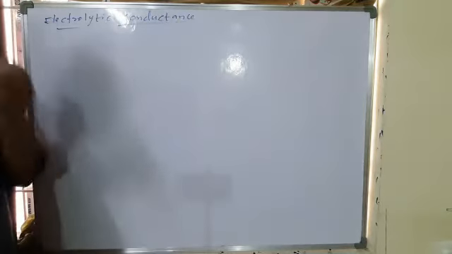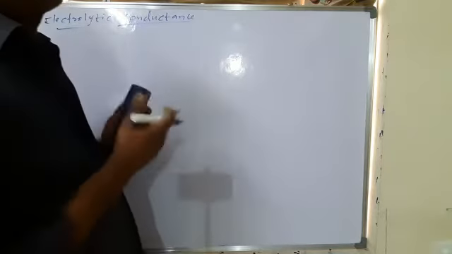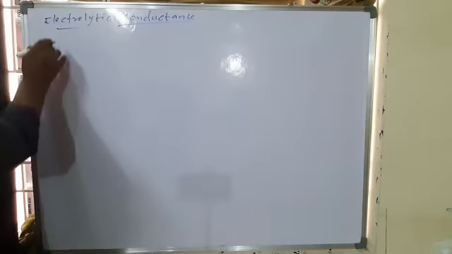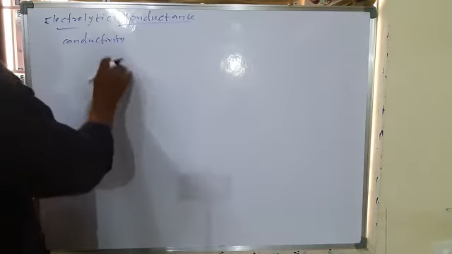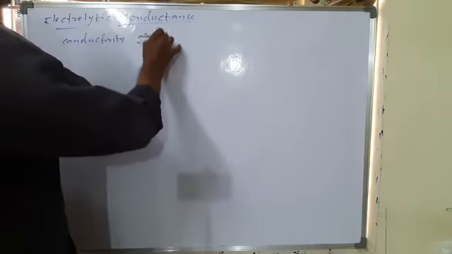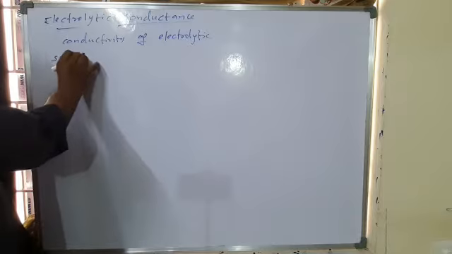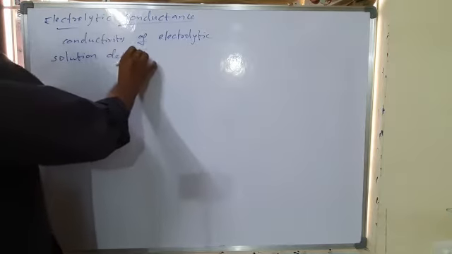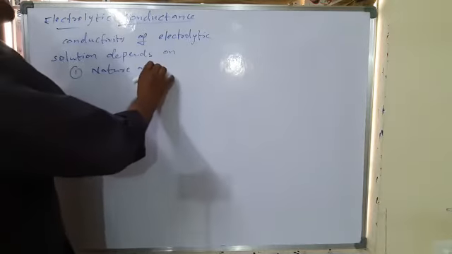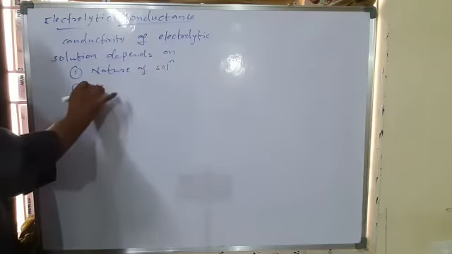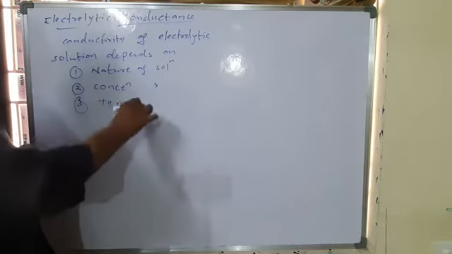The conductivity, or conductance, of an electrolytic solution depends on number one, the nature of the solution, number two, the concentration of the solution, and number three, the temperature of the solution.